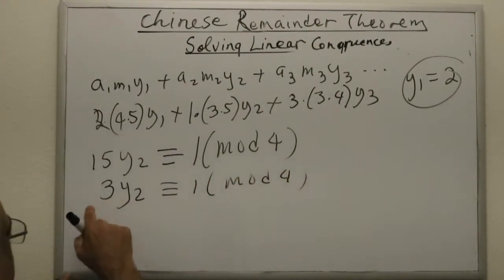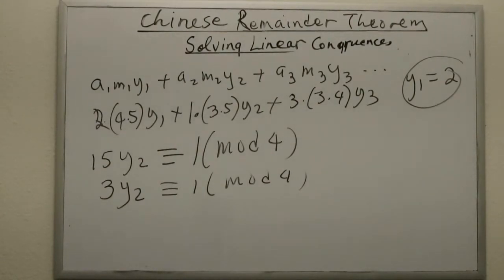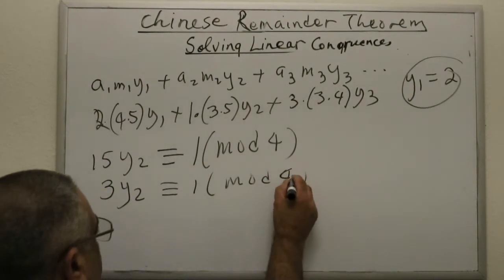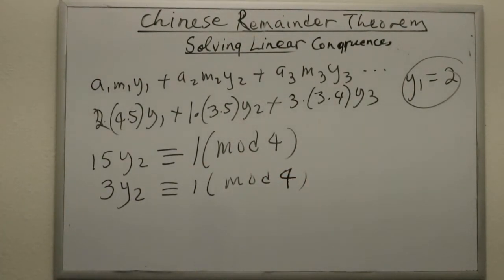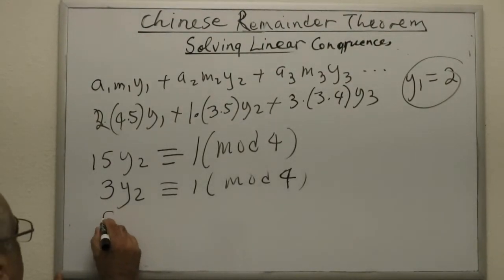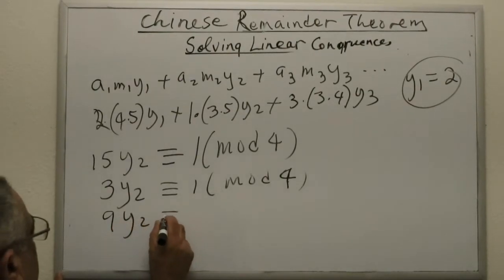Now I need a factor. When I multiply it by 3, I should have a remainder of 1 mod 4. How about 3? 3 times 3 is 9. 9 mod 4 would be a 1. So that's perfect. So if I multiply this by 3, I get y2.